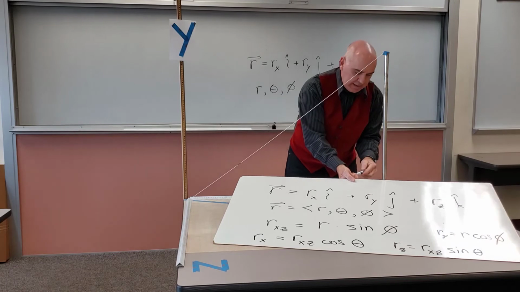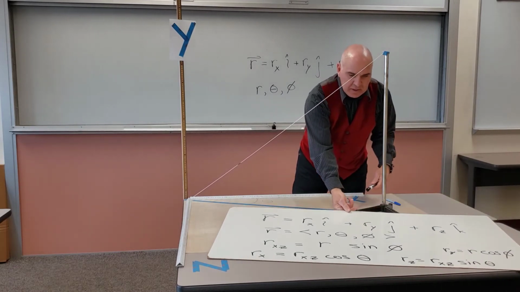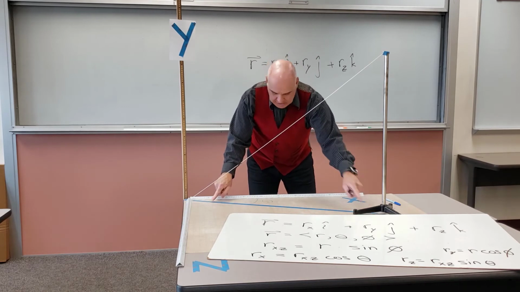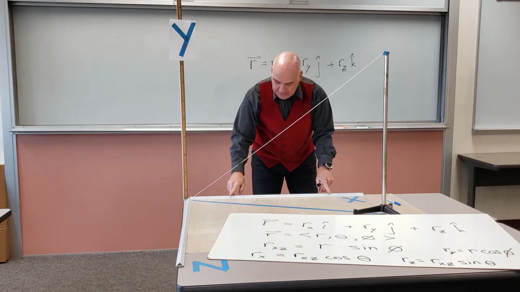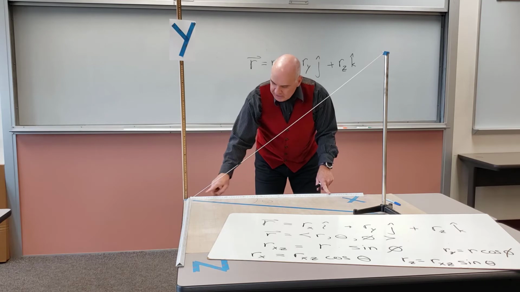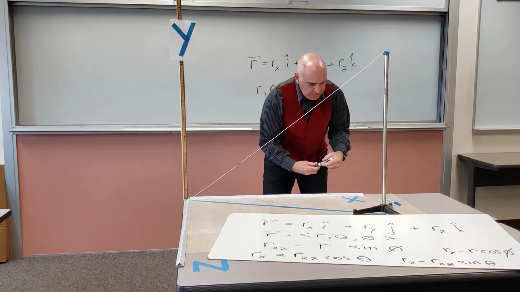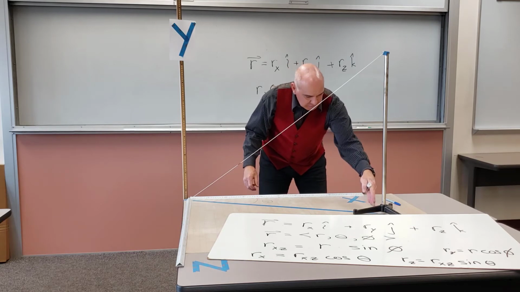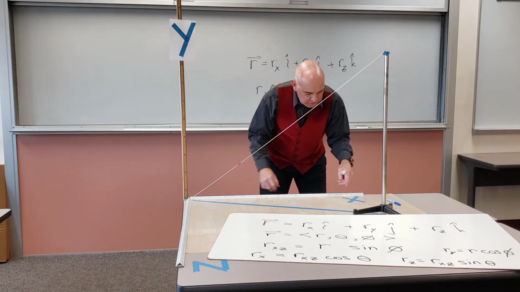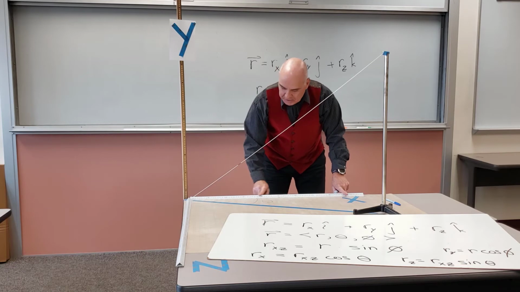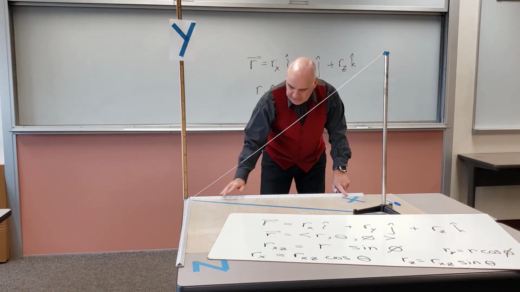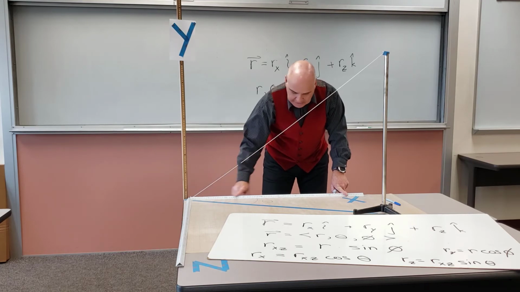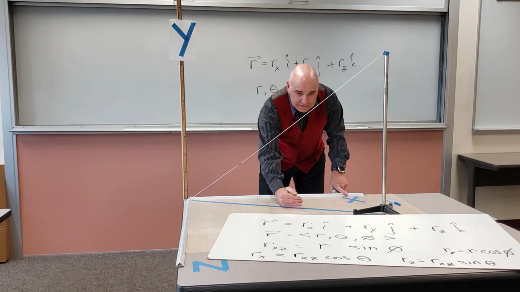Now r sub x and r sub z, I'm going to get those by utilizing r sub xz and the sine and cosine of theta. So here's theta, so the x component, right, I can draw out, you probably wouldn't be able to see it anyway, but here would be the z component, excuse me, and this would be the x component. So r sub xz, the x component is the cosine. Cosine of theta is the x component over r sub xz.